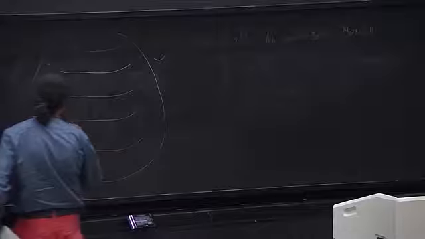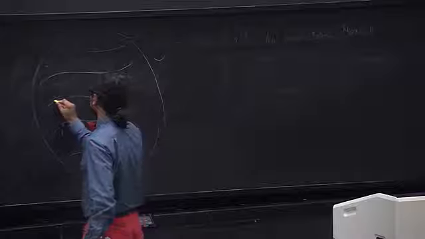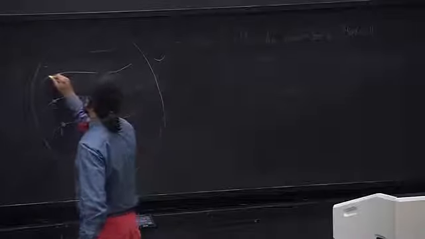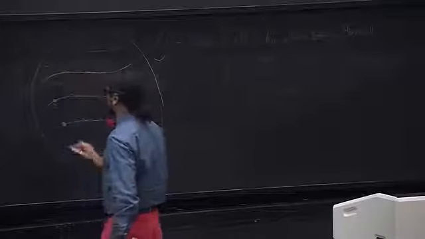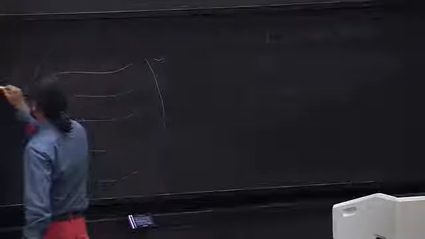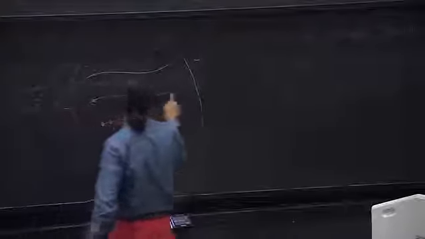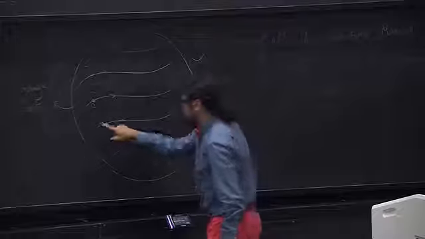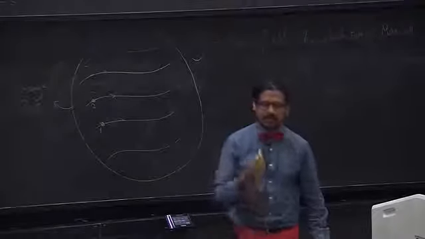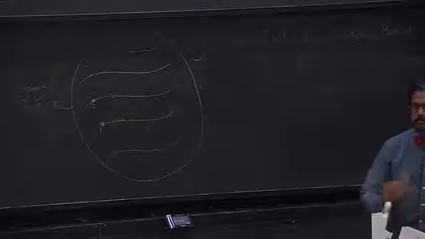Now, if you make a gauge transformation, you move from this physical solution to another equivalent physical solution along these gauge orbits. So these are called the gauge orbits. Every point on a given yellow line is physically equivalent, and they are related by a gauge transformation.